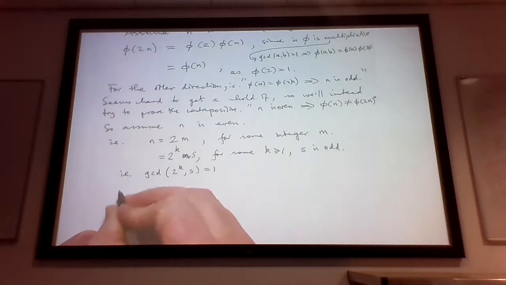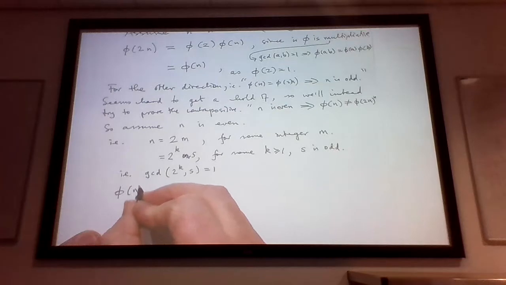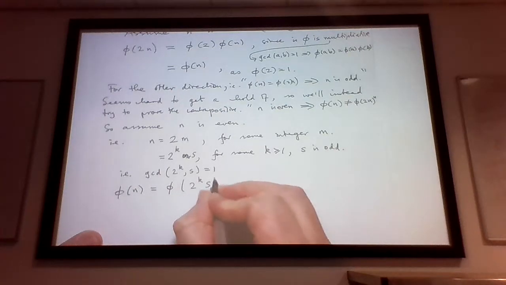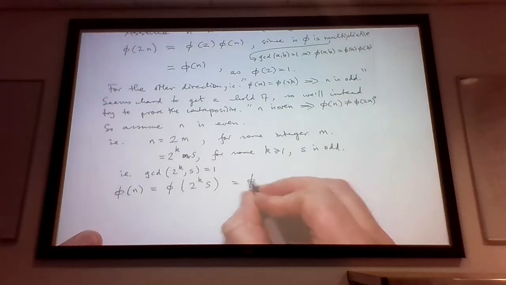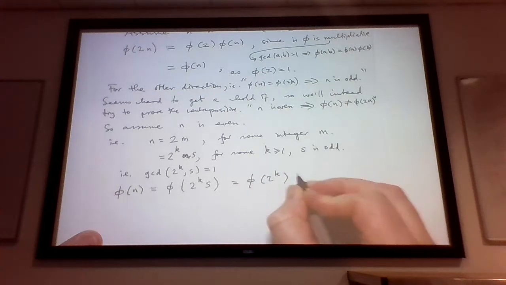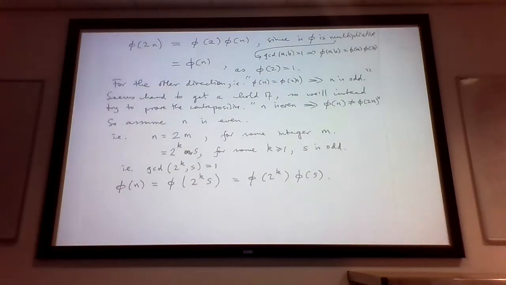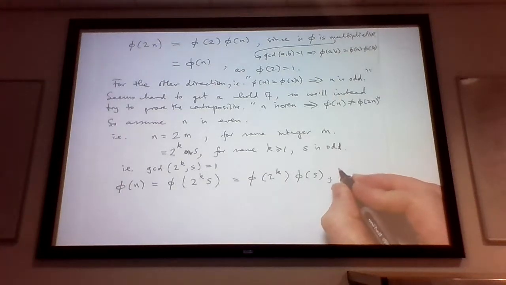So if I want to look at phi of n, that's phi of 2 to the k times s. I can use the multiplicative property to say that's phi of 2 to the k times phi of s. So that's using the multiplicative nature of phi.